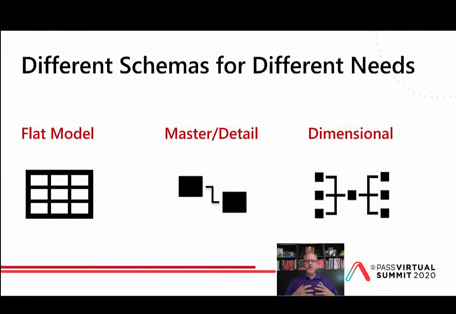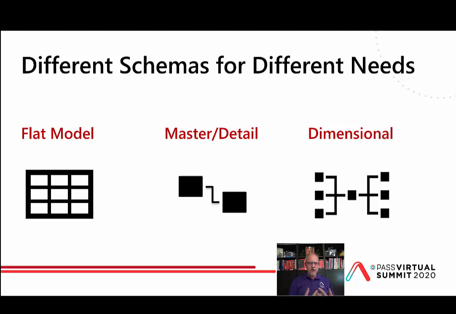There are a few different ways to think about the way you would approach modeling your data. Categorically, we could think about bringing data from multiple sources into a flat model, meaning we simply combine that data together. And, you know, if you're a spreadsheet jockey, you're probably used to approaching data modeling this way, where you have some core fact data, and then you have some lookup tables, and you have some reference data.